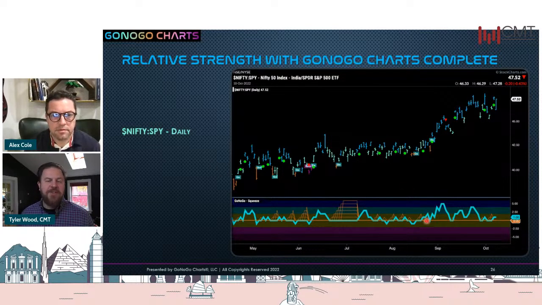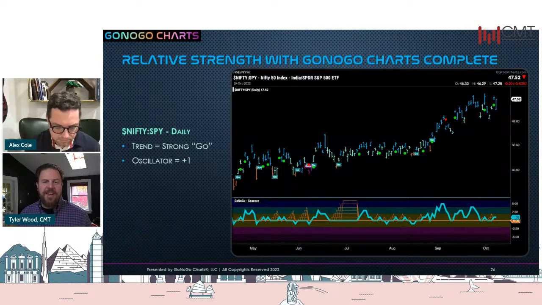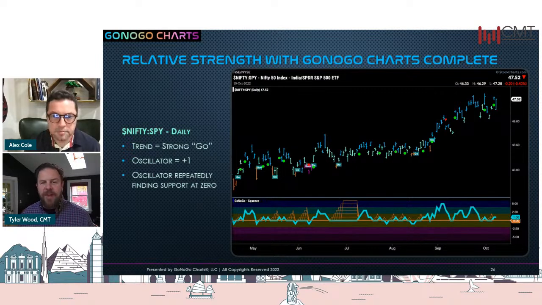Obviously, when we see a stronger break away from the zero line, continuing higher on the momentum readings, we've got strong go trends. We've got lots of trend continuation icons. Our oscillator is currently at a +1, and we have seen that repeated support telling us that the trend on a relative basis for the Nifty 50 against the S&P 500 has been very positive.